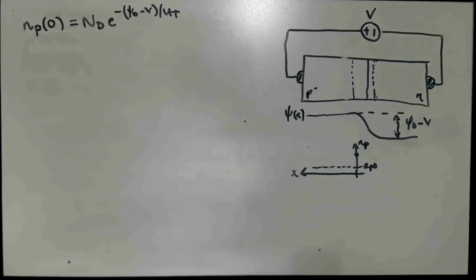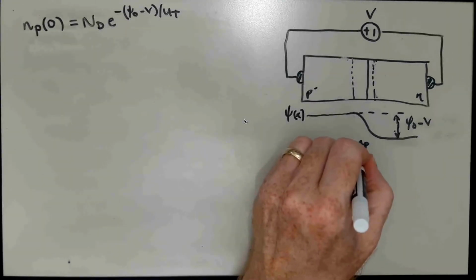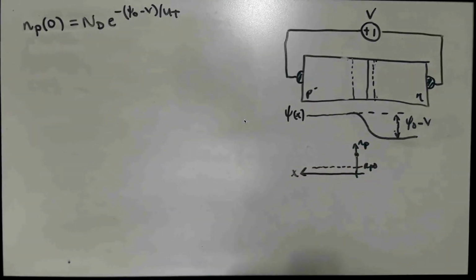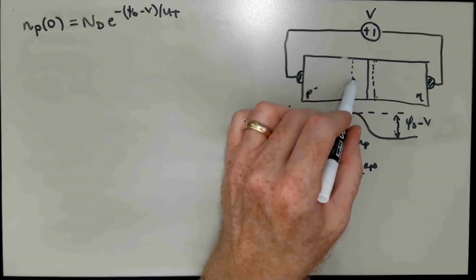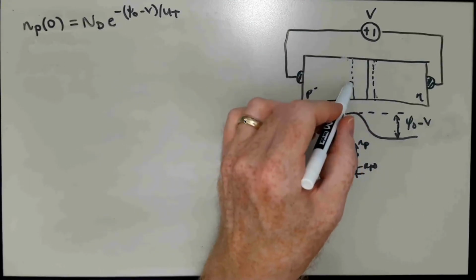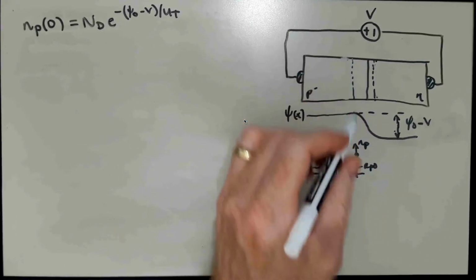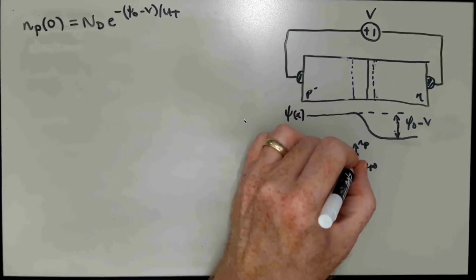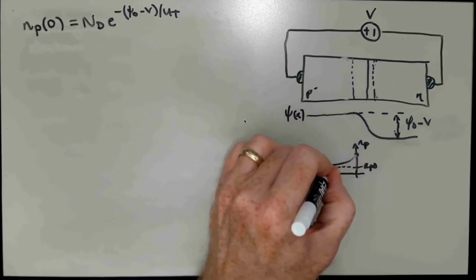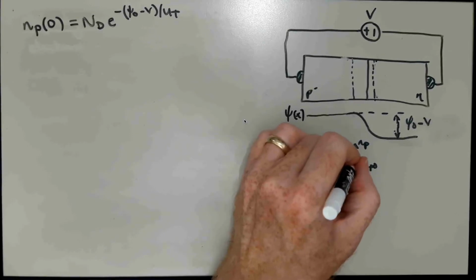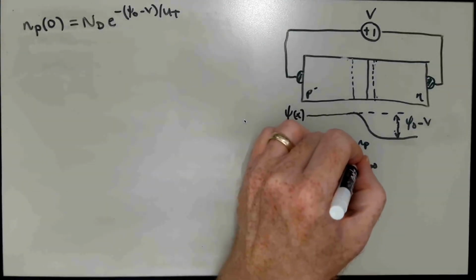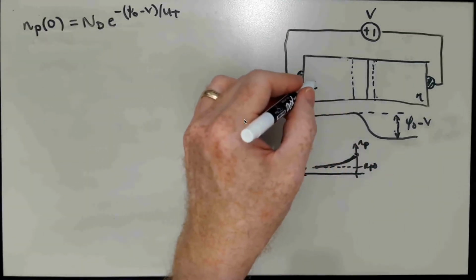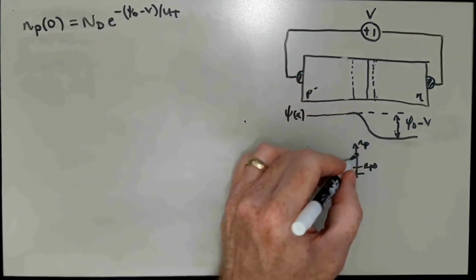And it turns out that sets a boundary condition, and these excess minority carriers then start to recombine with the holes in this region, and we get basically an exponential decay as a function of position back to the equilibrium concentration. If we get far enough back here into the P region, we get back to that NP0.